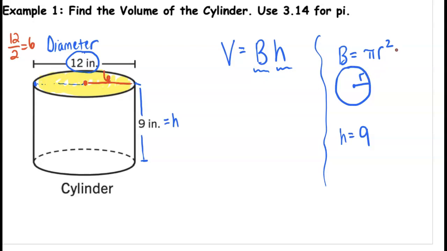So let's go ahead and find our area of the base. Now they did tell us to use 3.14 for pi, so I'm going to go ahead and calculate 3.14 times radius squared. That would be 6 to the power of 2. And that's going to go ahead and give us our area of the base.